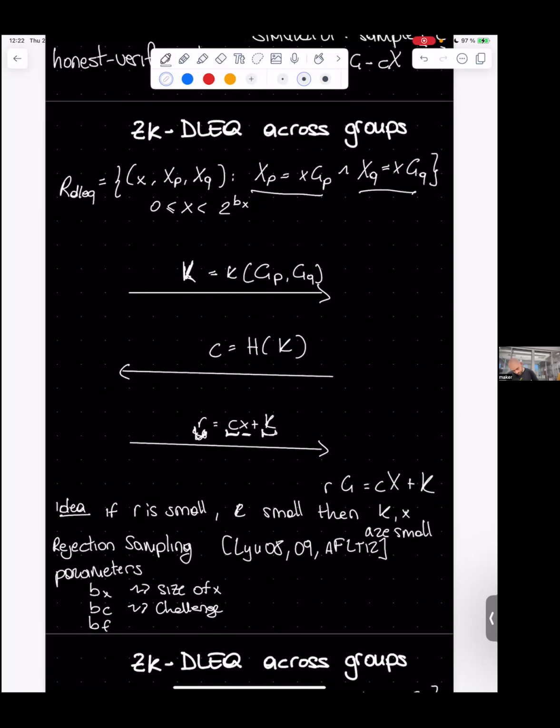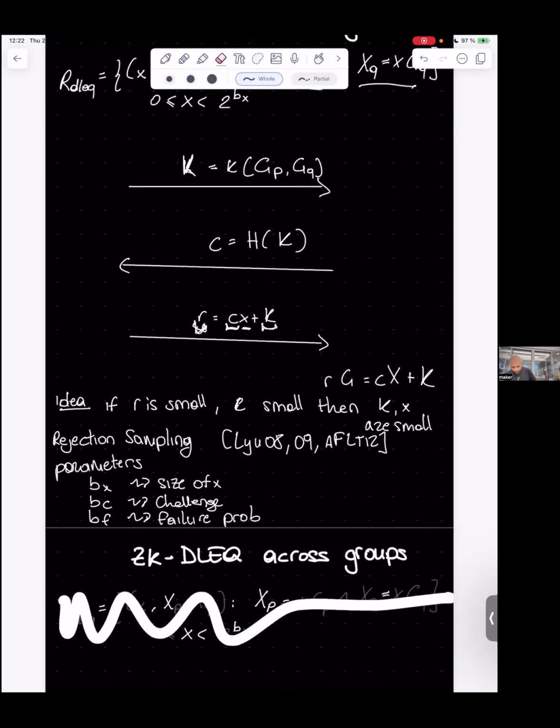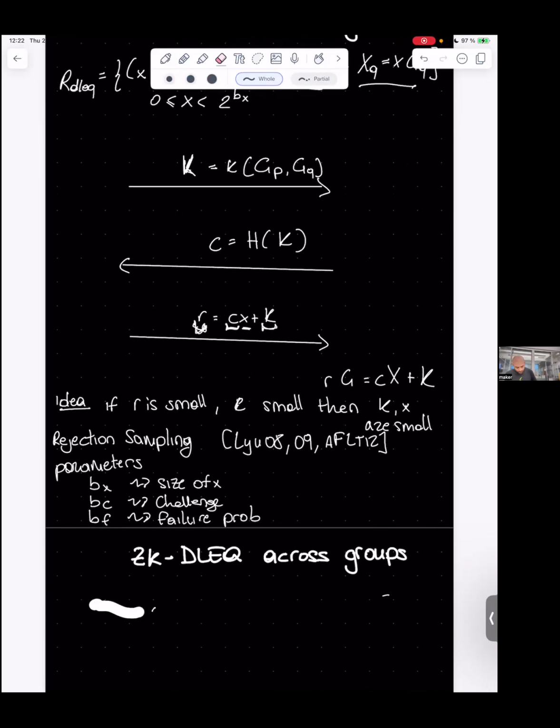And we have the number of bits of margin where we can expect the protocol to stay within a random distribution, which I'm going to call the failure probability. This part over here.